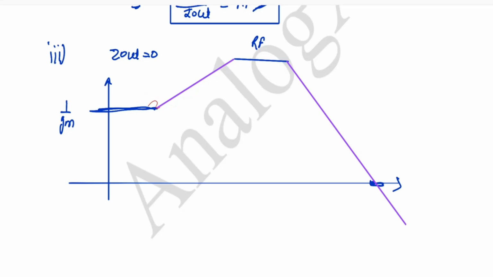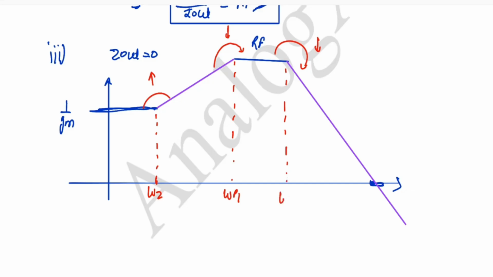Here our magnitude is increasing, so this point will be a 0. Now we are going from here to here, so our magnitude is decreasing, so this point will be a pole. Now from here to here, again the magnitude is decreasing, so it will again be a pole.